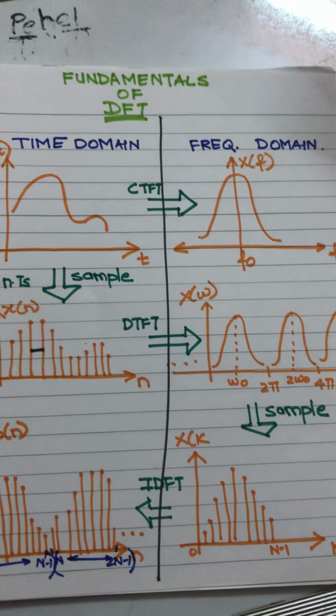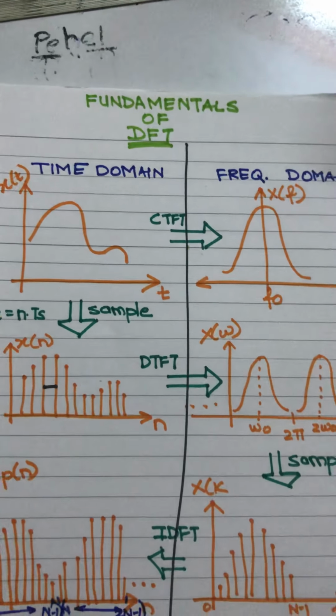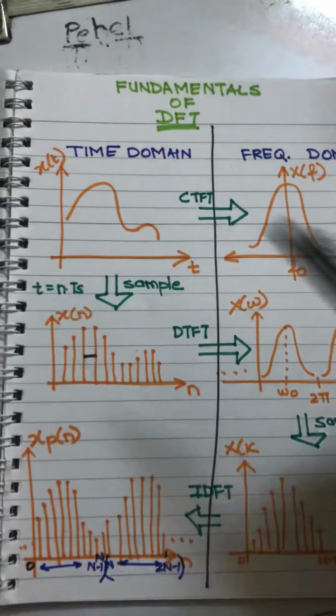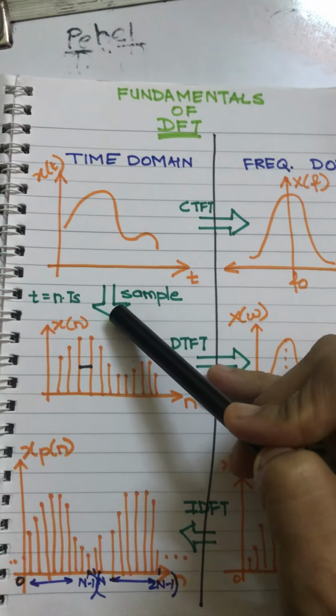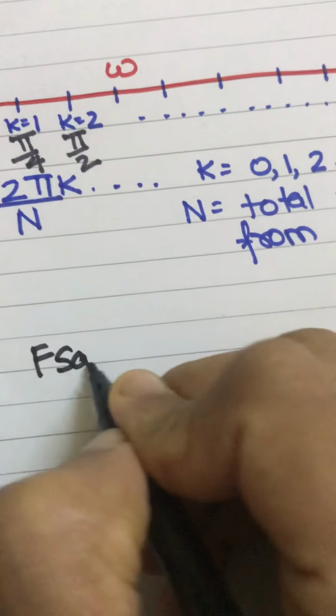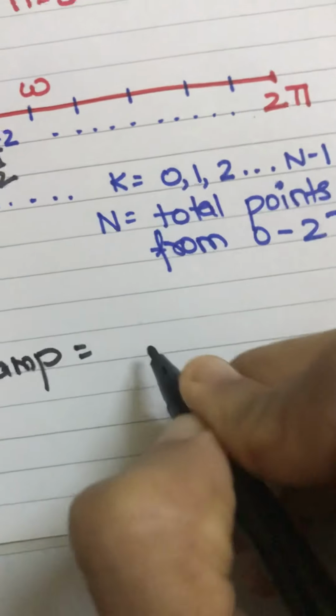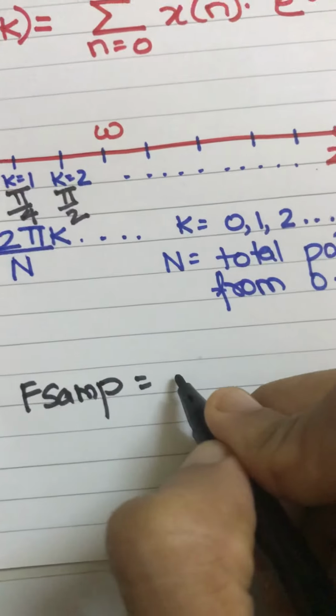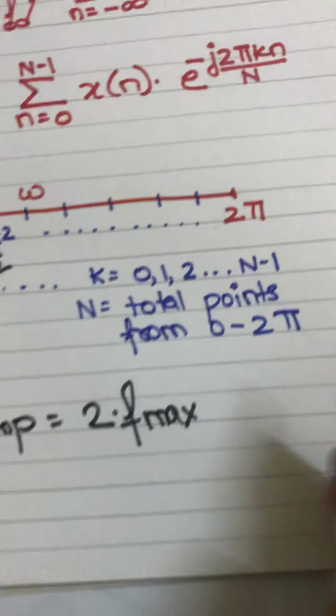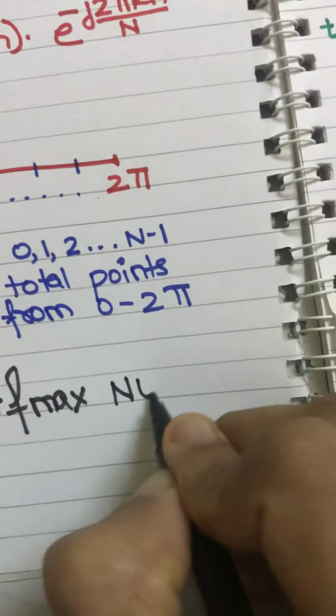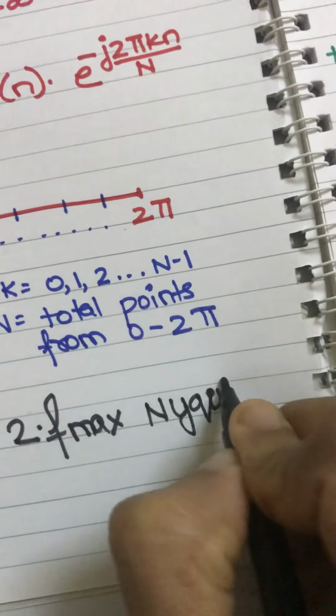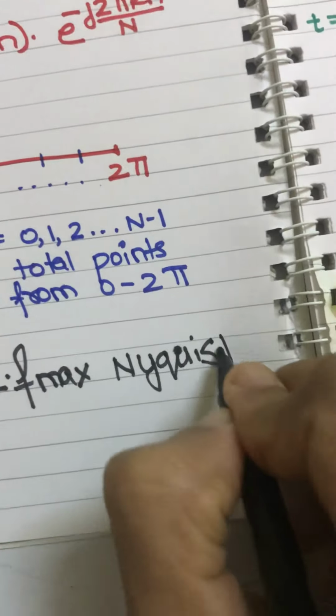I hope all of you are aware of the sampling theorem or the Nyquist criteria, which states that when you sample, you have to make sure the minimum sampling frequency is equal to twice the maximum input frequency, which is also called the Nyquist frequency, right?